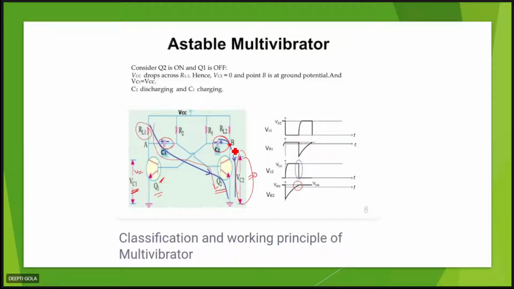Now VB2, at the base of Q2, there will be some increasing voltage because C1 is getting discharged, so it is providing some voltage and it will increase gradually till Q2 gets on. After it is on, it will become constant at around 0.7 volts. Then what about VC2? VC2 is 0, so it will drop to 0 like this. We are seeing only after this point.